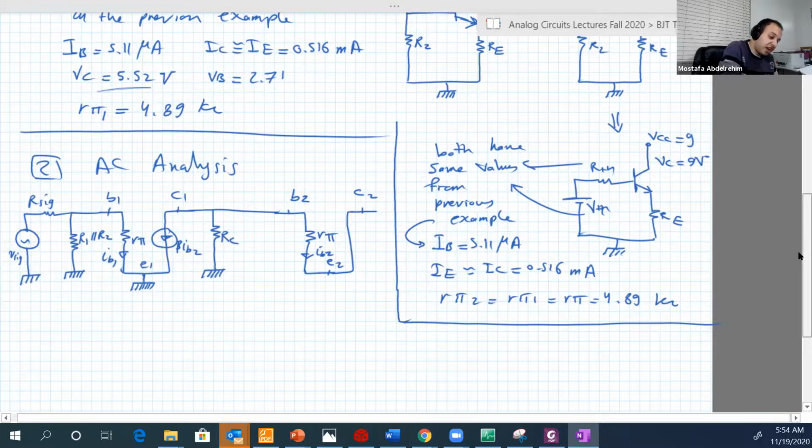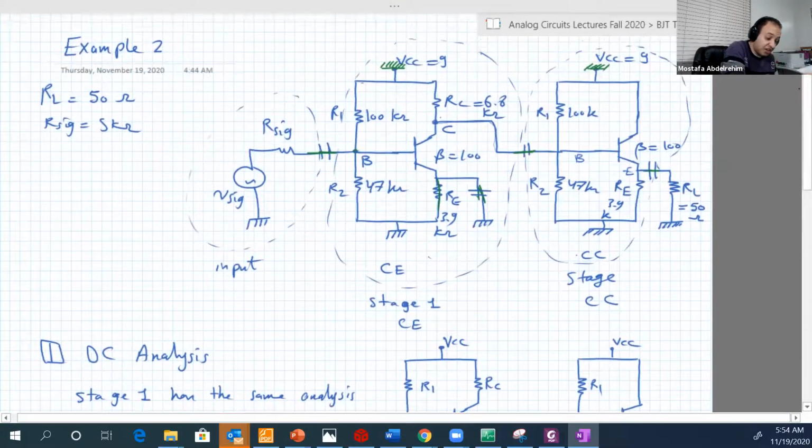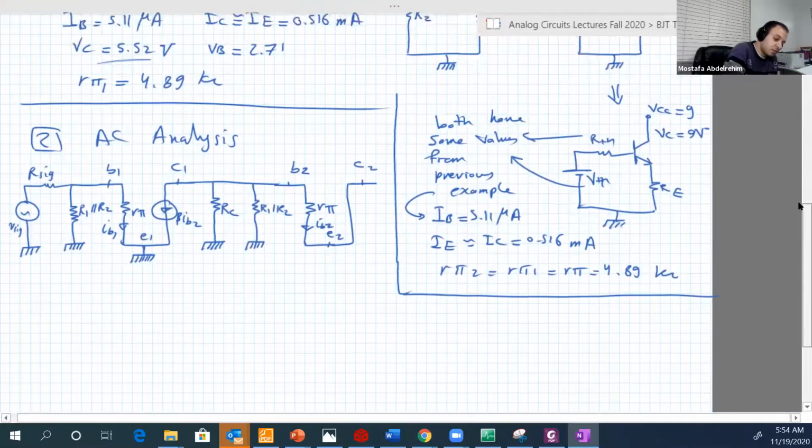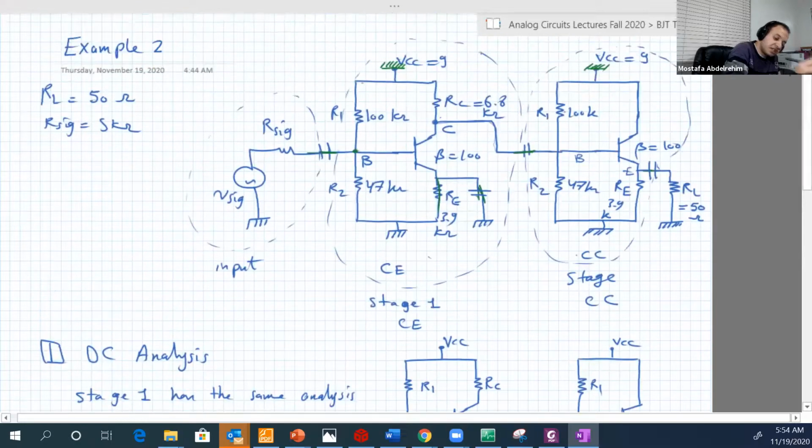Now let's go to the second transistor, second circuit, I'm sorry. So between base 2 and the ground, we have R2 and we have R1. R1 parallel R2. And that's it.